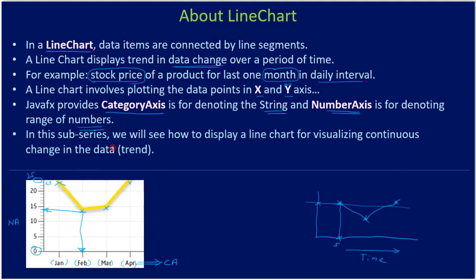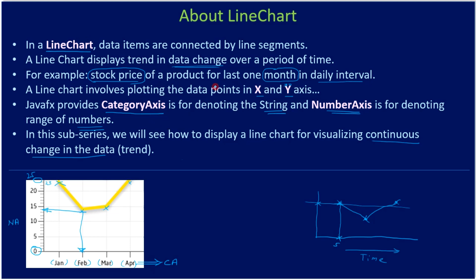In this sub-series, we will see how to display a line chart for visualizing continuous change in data. So that's what is called a trend. So that's all here for a quick preview.